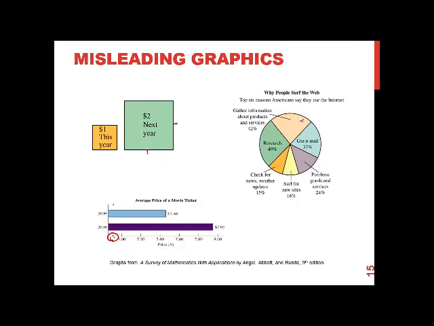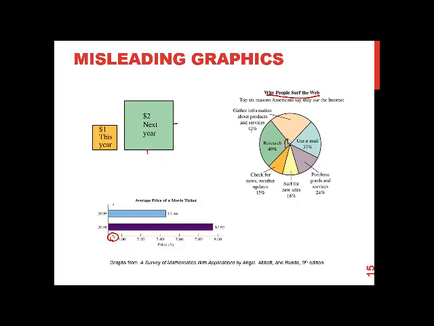What about this one over here? Why people surf the web? If we look at the percentages, we see, okay, this says 49 and about half that's 24. So, with respect to each other, they're about the same dimension. But look at this, 49 and 42, that's 91%.